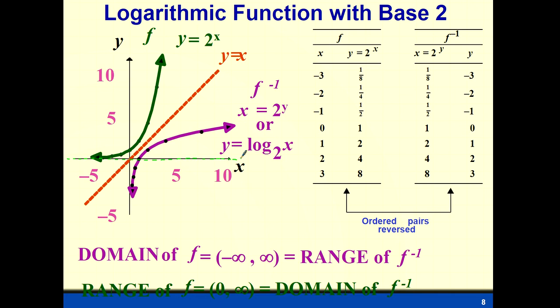That means its inverse has a vertical asymptote at x equals 0 because they reflect. So where the exponential has a horizontal asymptote, the logarithm has a vertical asymptote, which is going to be important in just a minute because you can't plug negative numbers into a logarithm. Because the domain is from 0 to infinity, you can't plug in numbers lower than 0 unless there's been a transformation applied.